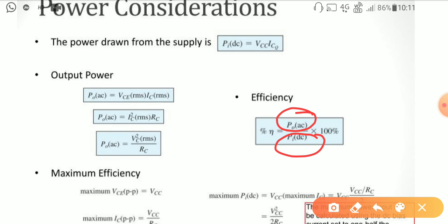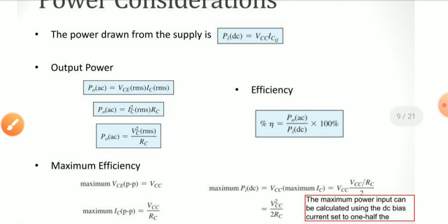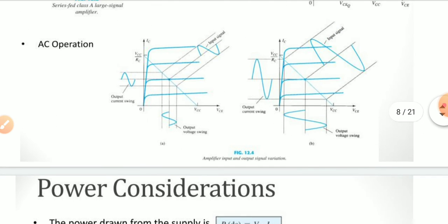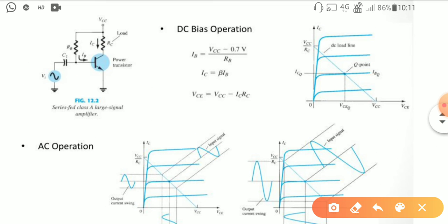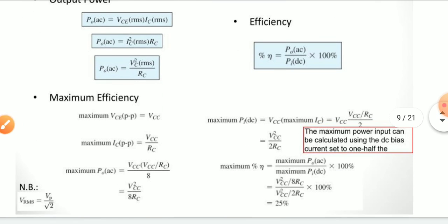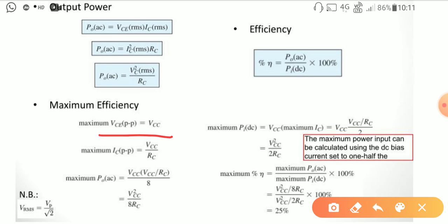If you multiply it by 100, the efficiency becomes a percentage. For the maximum efficiency of the fixed bias configuration, the maximum VC you can already identify here is VCC. Similarly, the maximum value of the current is VCC by RC.